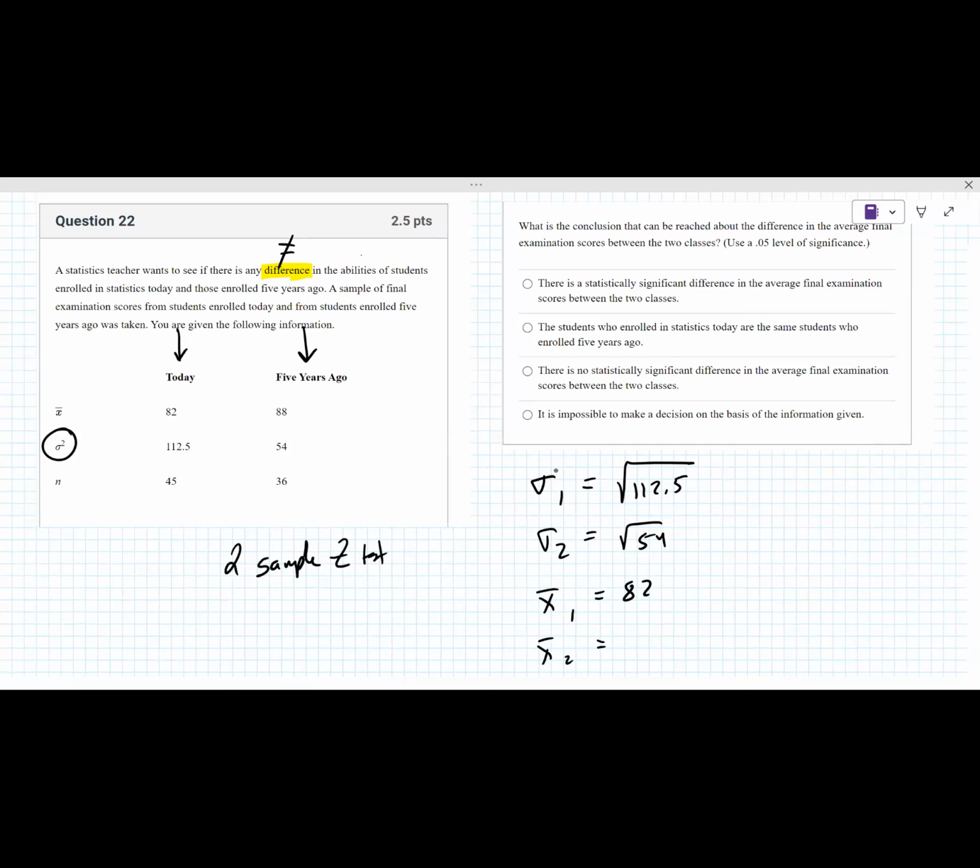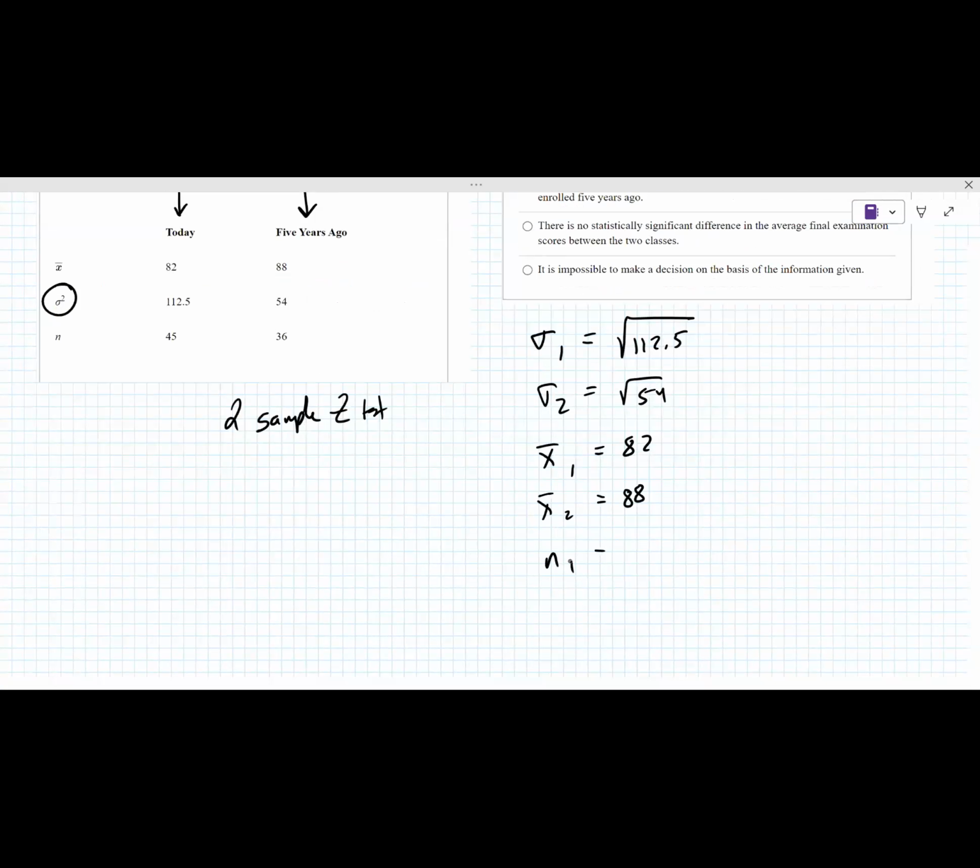X bar 2 is 88. And then N1 is 45 and N2 is 36. The reason we take a square root is because your calculator wants sigma, not the square of it. It wants standard deviation, not the variance. Small difference, but it likely impacts the answers.